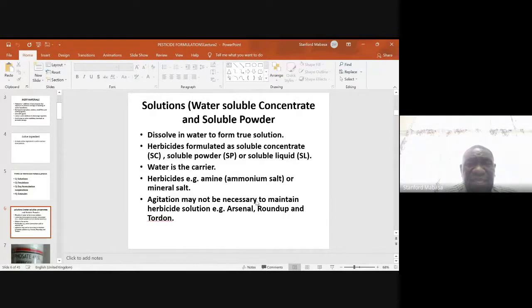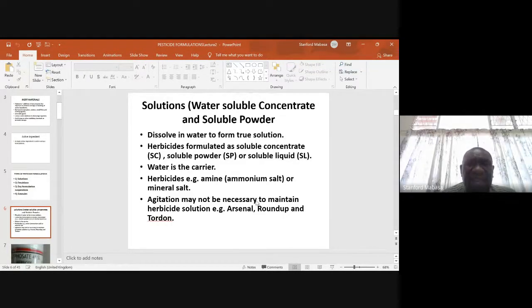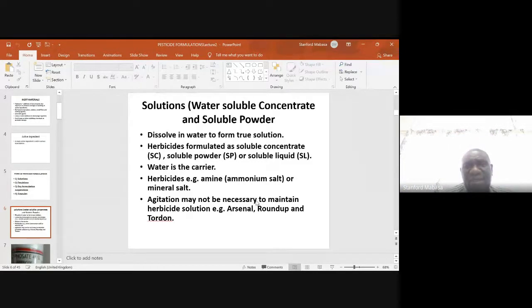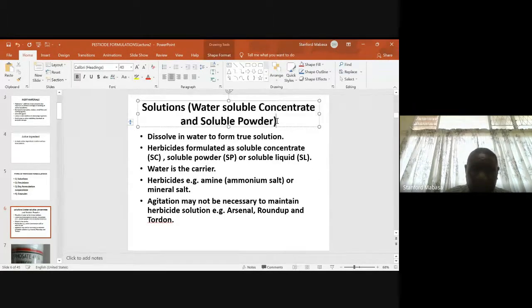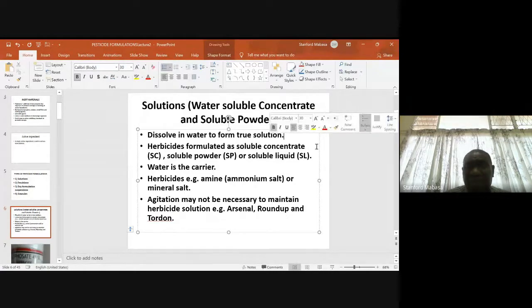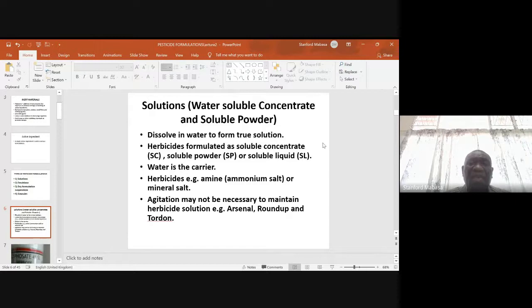Now let us look at the pesticide which is formulated as a solution or water-soluble concentrate and soluble powder. So you can have a water-soluble concentrate, or you could have a soluble powder.